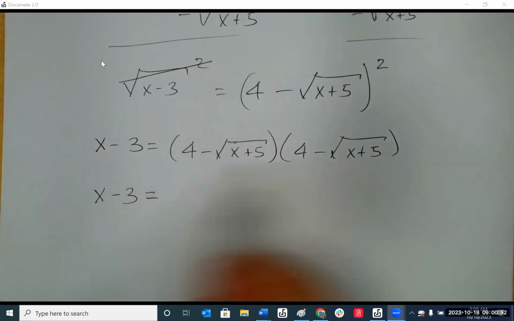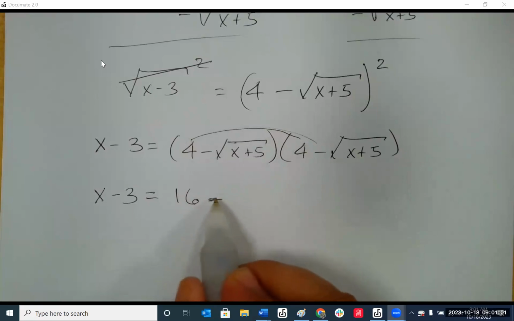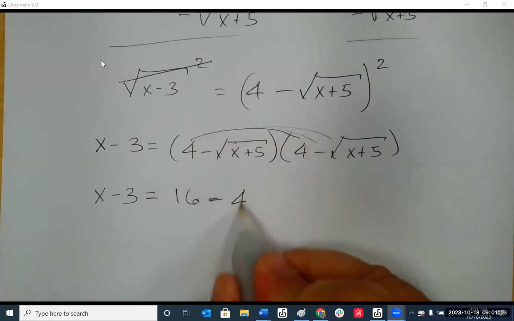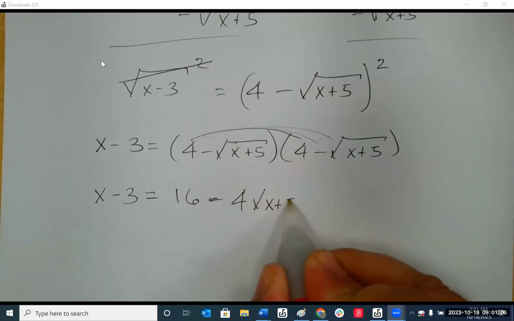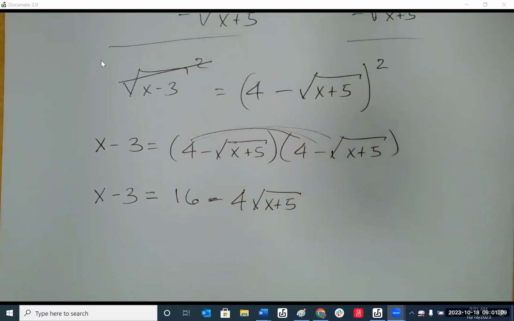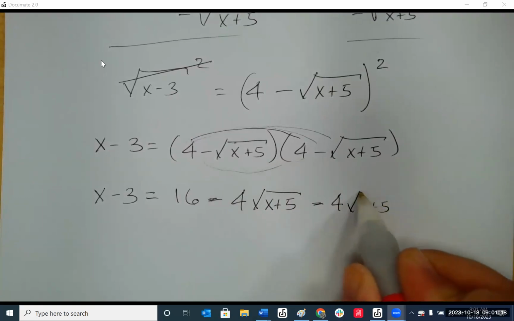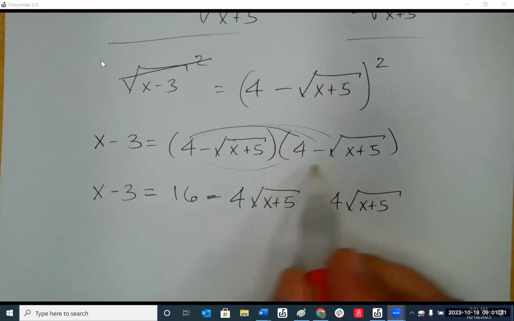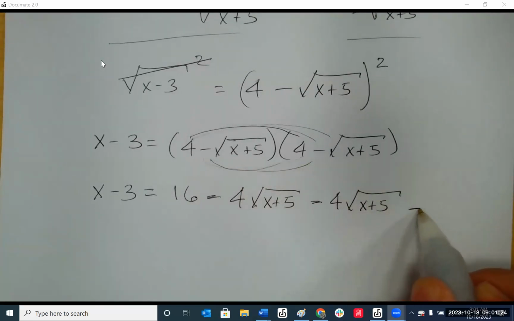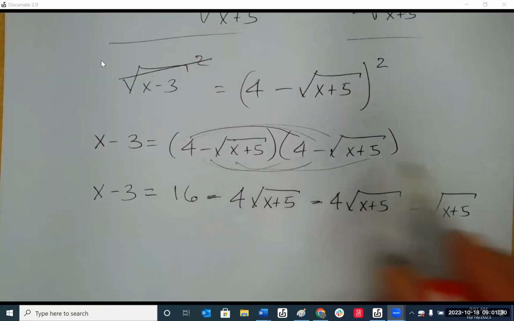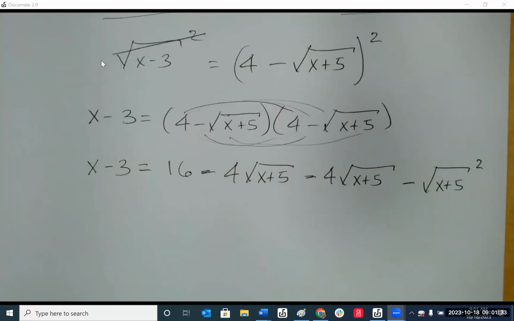Left side's okay, so we got to FOIL out, multiply the second side, the other side. 4 times 4 is 16. Positive times negative is negative. 4 times radical x plus 5. Negative times positive is negative. 4 times radical x plus 5. Negative times negative. Radical x plus 5 times radical x plus 5 is radical x plus 5 squared.